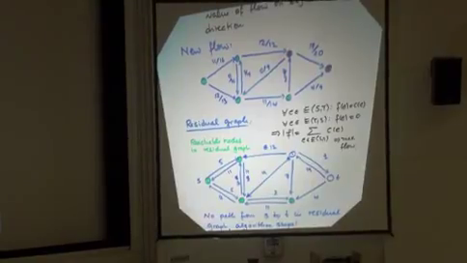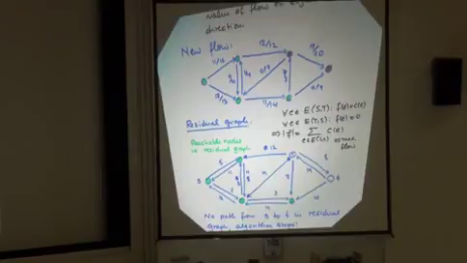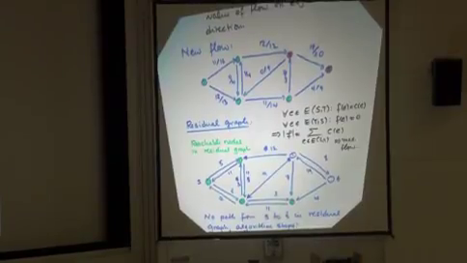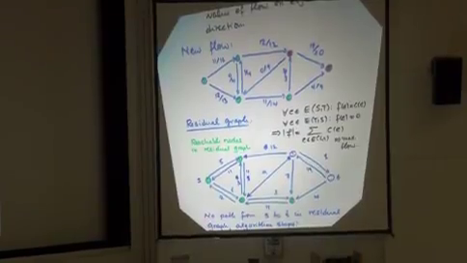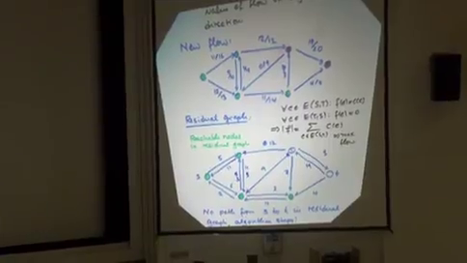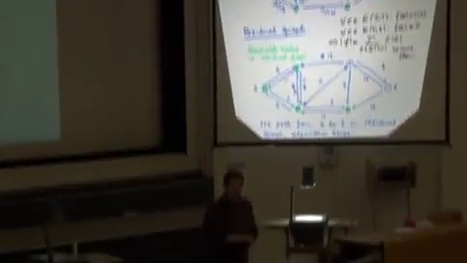But this is much more general, in the sense that whenever the Ford-Fulkerson algorithm stops, the nodes that are reachable in the residual graph form one side, and the nodes that are not reachable form the other side of a cut. And for this cut, the value of the flow on all the forward edges is equal to the capacity, and on all the backward edges it has to be equal to 0.